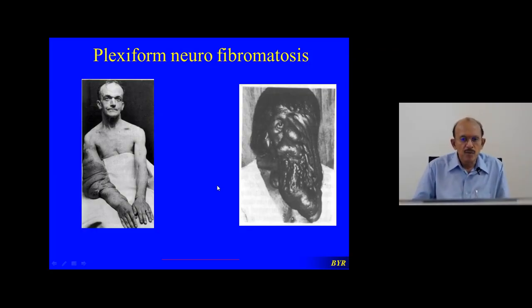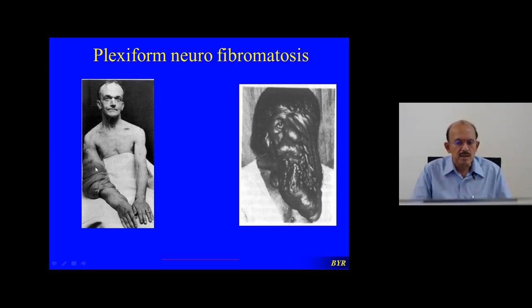So the plexiform neurofibromatosis is nothing but enormous thickening of the nerve fibers with associated myxomatous degeneration. So you can see here the hand. There is a lot of thickening of the skin here, and here you can see there are pendulous folds of skin.